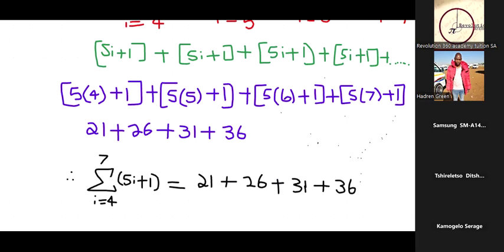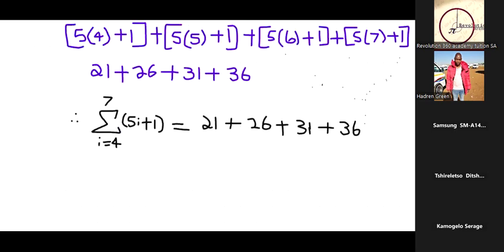And then we say sigma, therefore, 7 sigma i equals 4 into 5i plus 1.